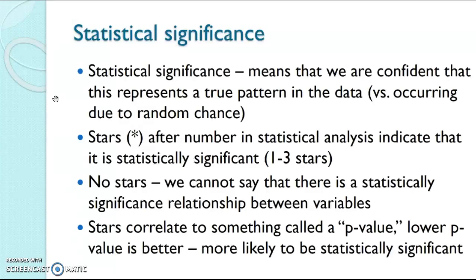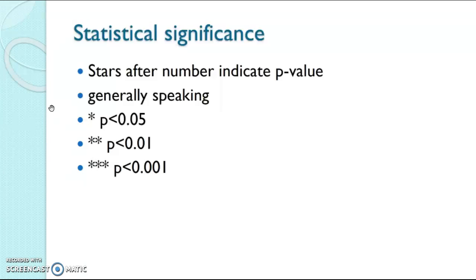And a lower p-value is better, more likely to be statistically significant. Okay. So generally speaking, in most research, 1 star is a p-value that's less than 0.05, and 3 stars is a p-value that's less than 0.001. But really what we care about is, are there stars, yes or no?